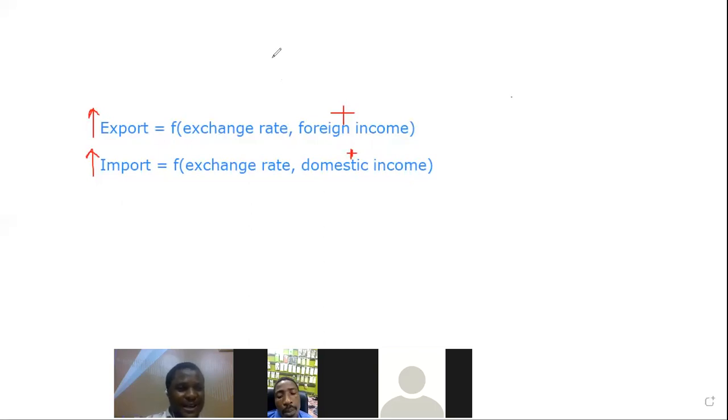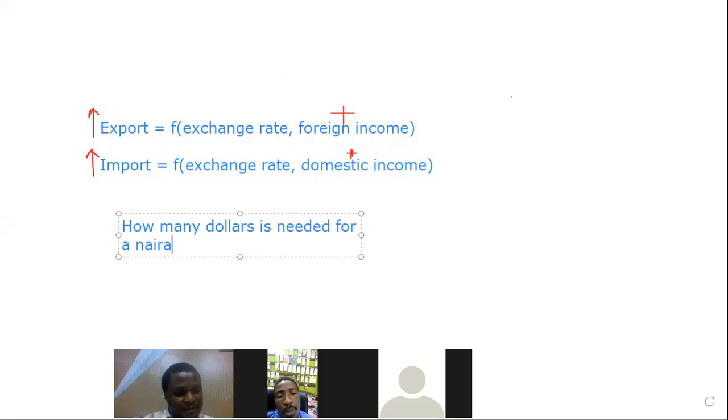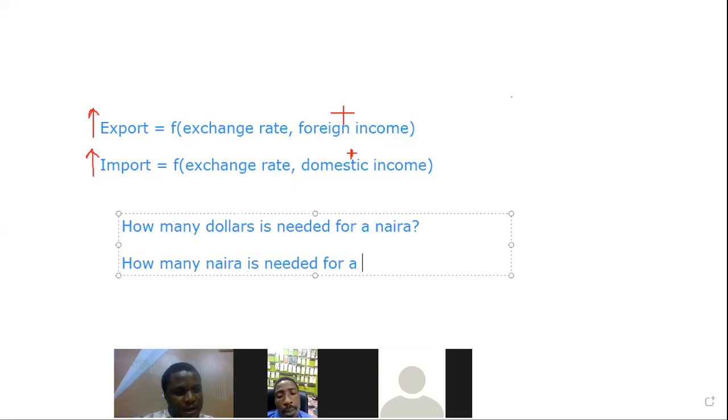Under that scenario, we're asking how many dollars are needed for a naira. That is the first case. The second case is how many naira are needed for a dollar.